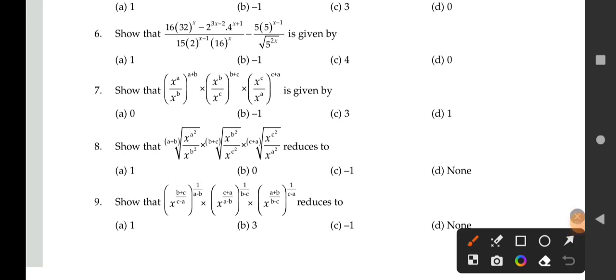Again, we have numbers in options. So we can substitute x equals 0.